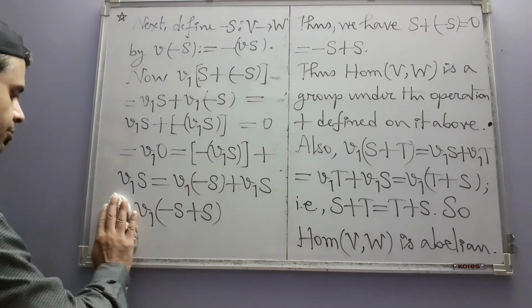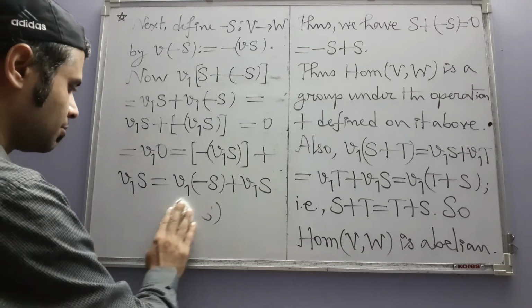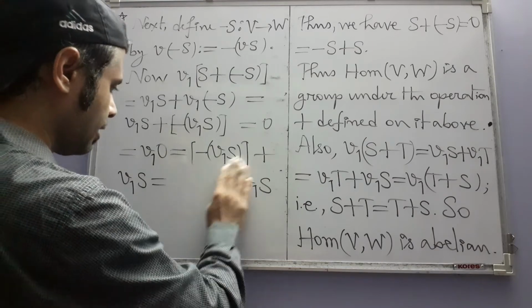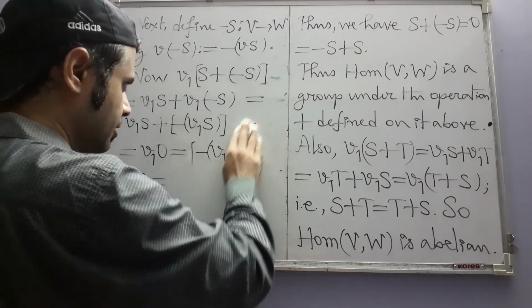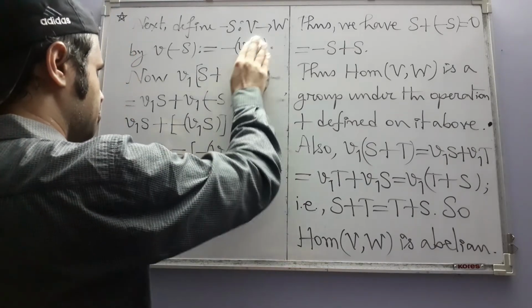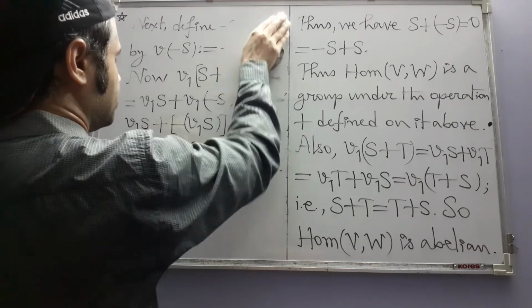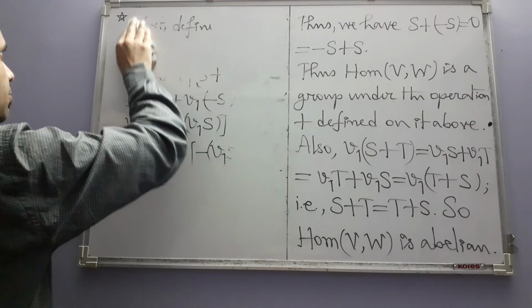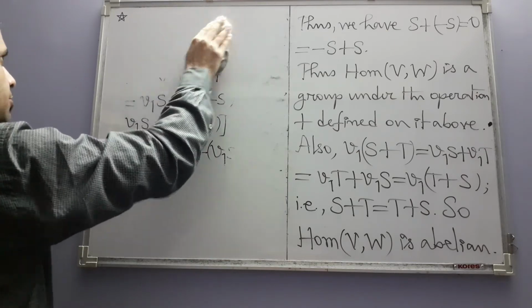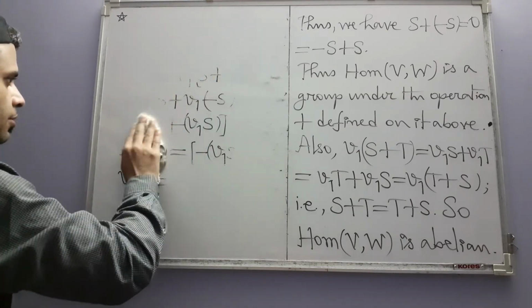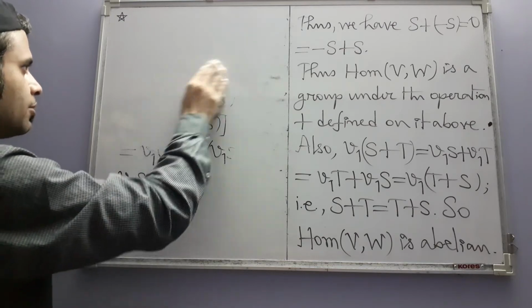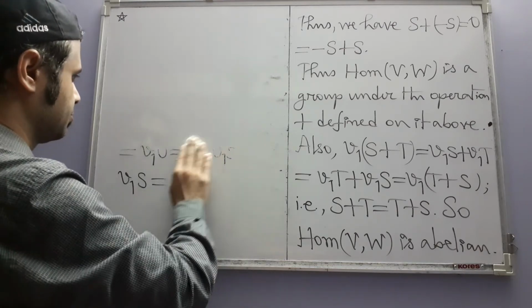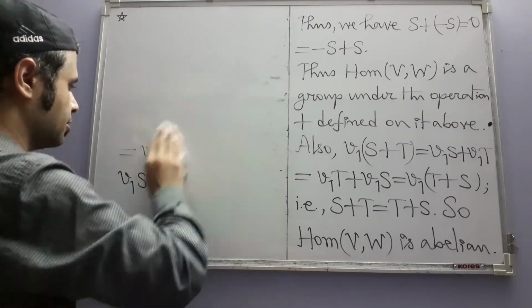Okay, so we have shown that our set of homomorphisms is an abelian group with respect to an addition that has been defined very naturally, as naturally as possible, using the natural definition of sum of two functions, when that makes sense.